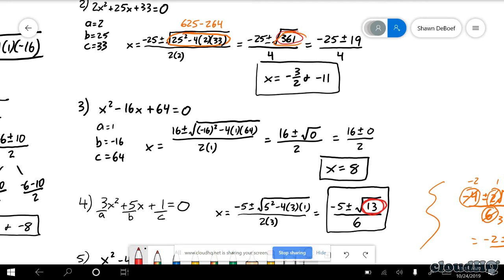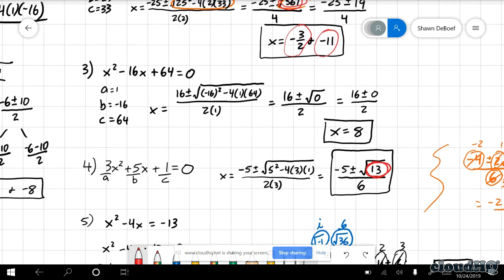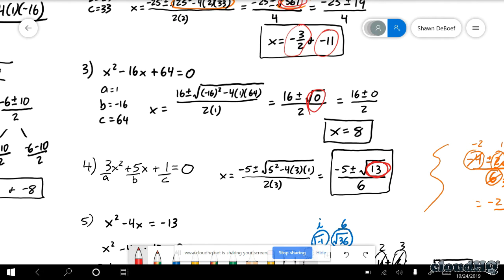Notice our discriminant up there was 361. What was true about 361? It's a perfect square. Because it's a perfect square, what type of answers did we get? We got rational answers. Isn't 0 also a perfect square? Yes, and what was our answers?